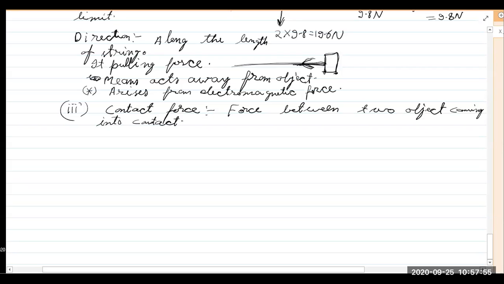Suppose we have two objects, one here and another one here. So we have object A and object B. These two are in contact, so there will be a force between them. It appears at the contact surface.